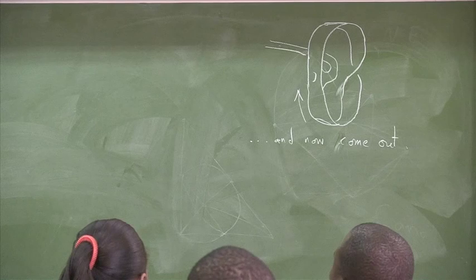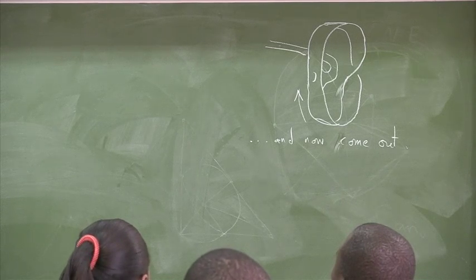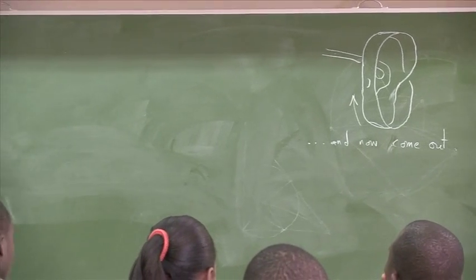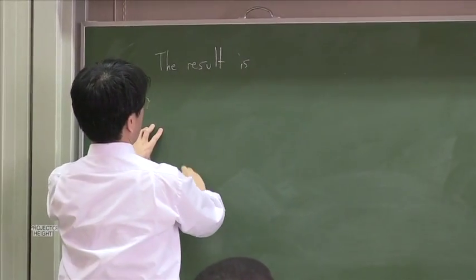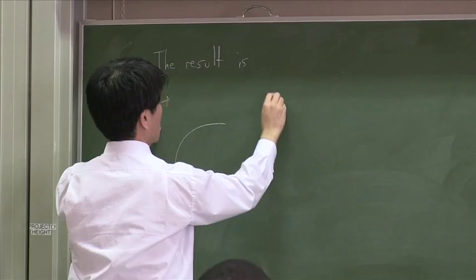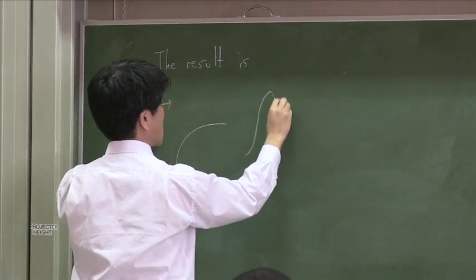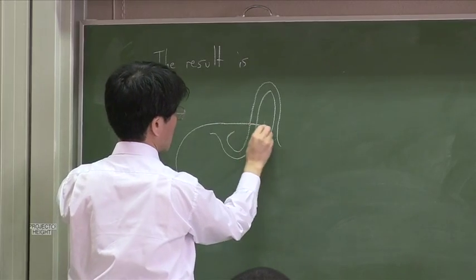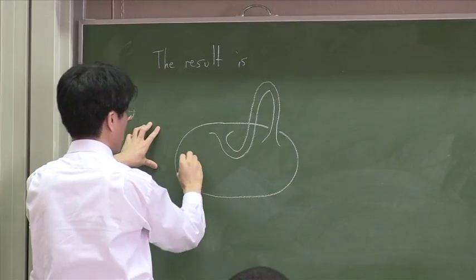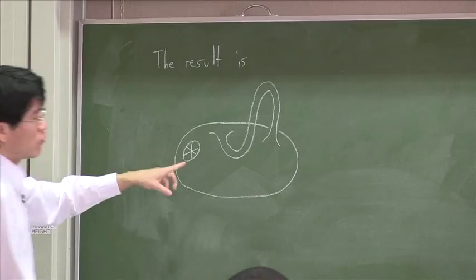The result is, I'm going to draw it here. Instead of having a picture like that, now the handle is attached to the other side of the surface, like this. And this picture should seem familiar to all of you from yesterday.